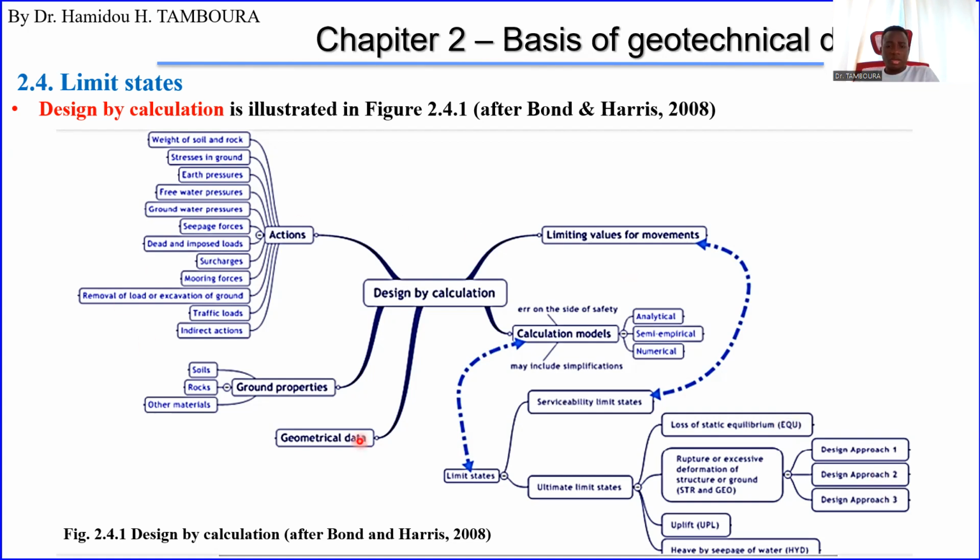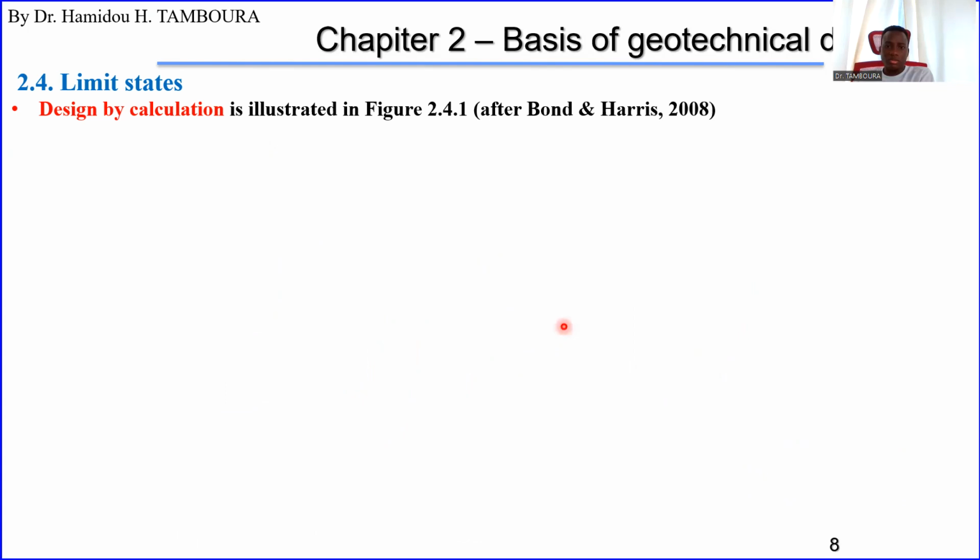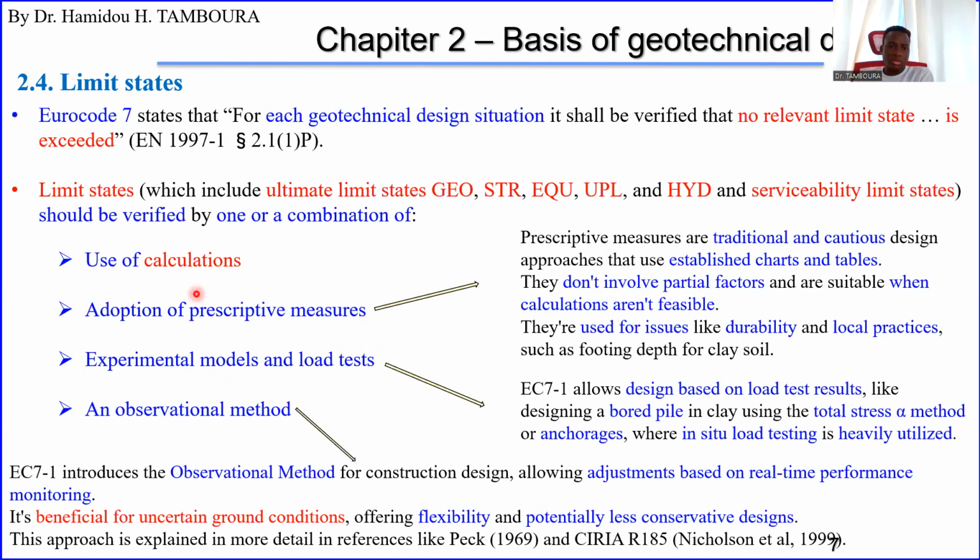So anyway, as you can see, this design by calculation method is very interesting. And this is what people are using the most, I think. But don't forget that there are also these: just by measuring using design charts and design tables, experimental and loading test data, and by observation.